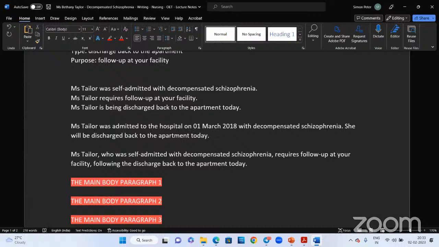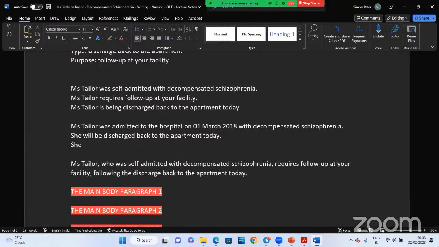This is the second sentence. This is a different type of introduction. She will be discharged back to the apartment today. She requires follow-up at your facility. So this is the way how you can write another type of introduction.